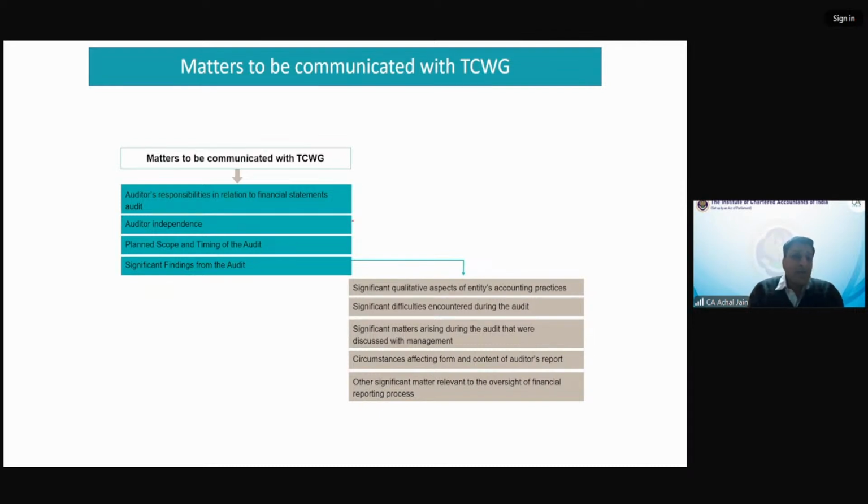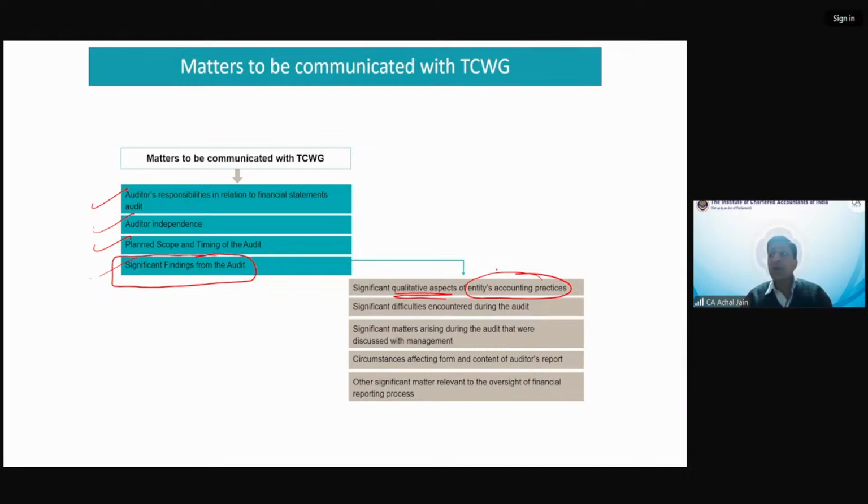Now, that will, of course, be in relation to the responsibilities, independence, scope, timing, plus the significant findings from the audit. Along with that, in relation to the significant findings from the audit, auditor will generally discuss with them about some significant qualitative aspects of the accounting practices in relation to that particular company.